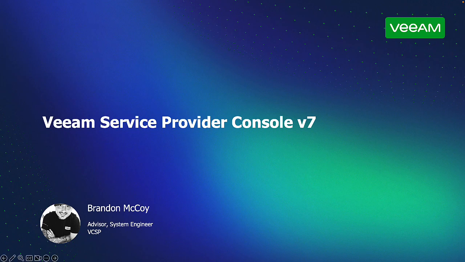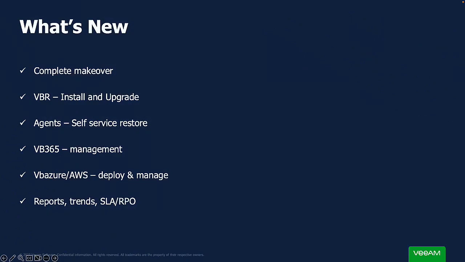All right, so let's talk about what's new. Well, first of all, the console looks completely different. I'm loving it. We're going to show you in a moment all the icons. There's a world map to show you where all your customers are located. Just easier to navigate. Backup and replication, you're now able to push the whole backup and replication package out to a customer's Windows machine.